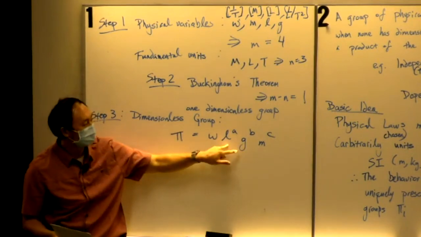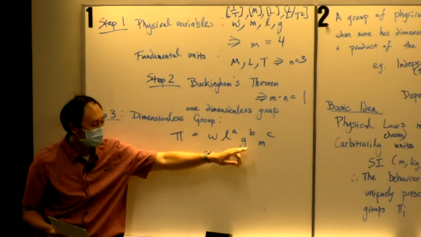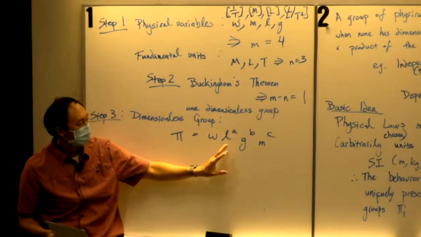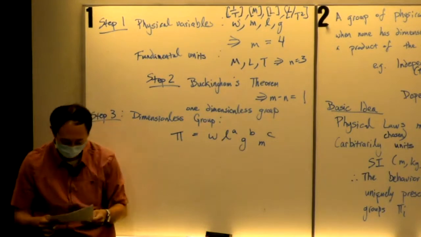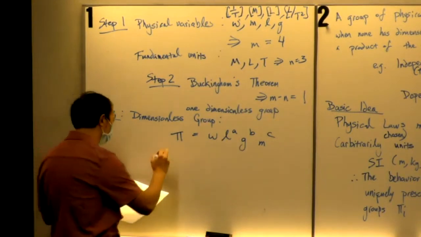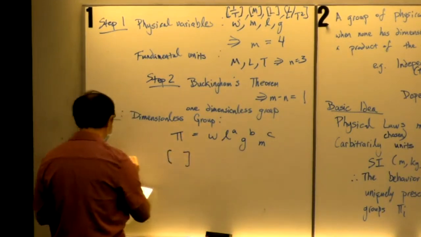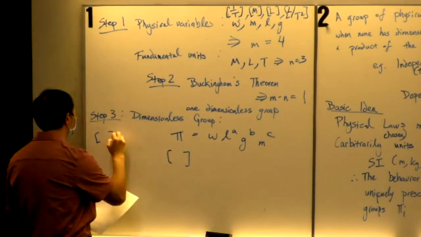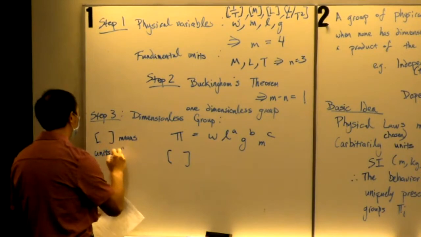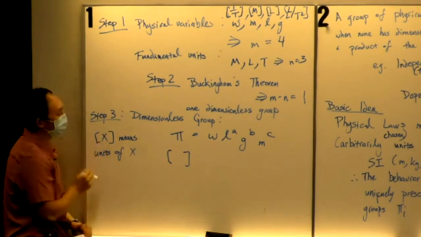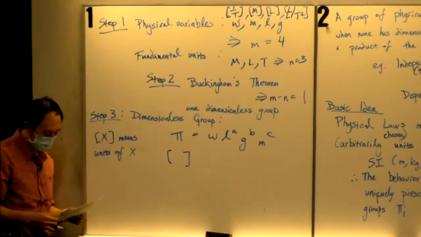They could have been some weird name like alpha, beta, gamma, whatever. The only thing that matters is what their units are. So I'm going to replace them with their units. And I'm going to use this symbol. So this means units of x. Square bracket means units of x.